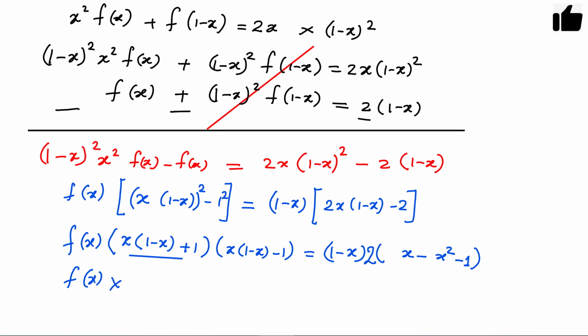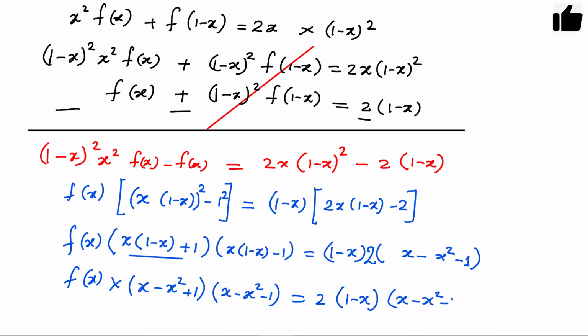This number is x minus x square plus 1, and this is x minus x square minus 1. And this time we have 2 times (1 minus x), and this is x minus x square minus 1.